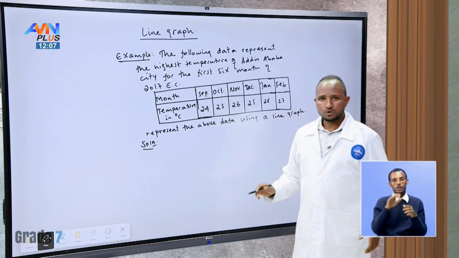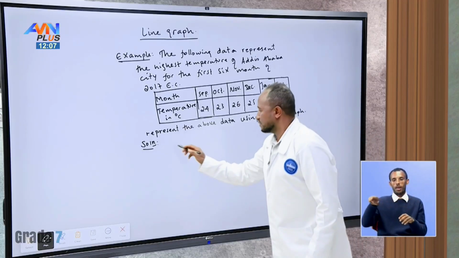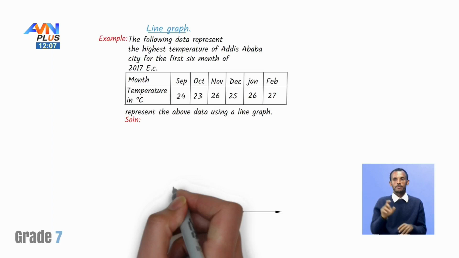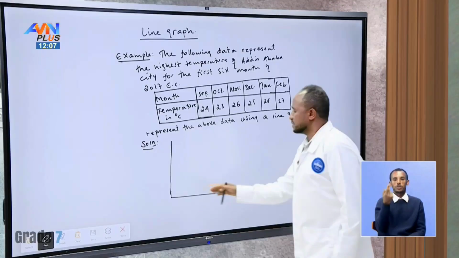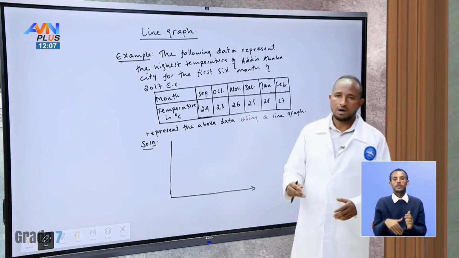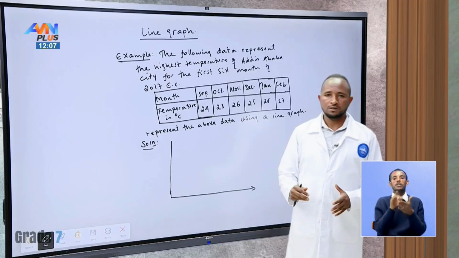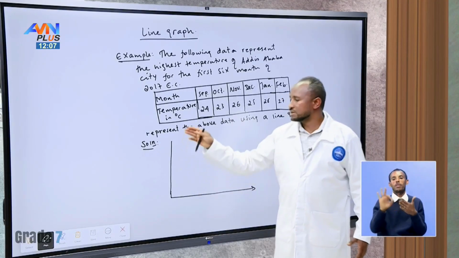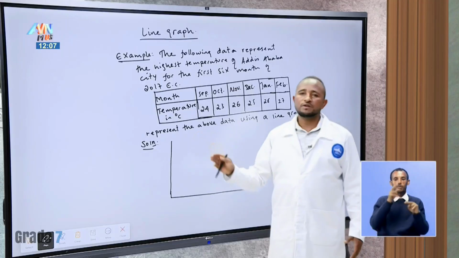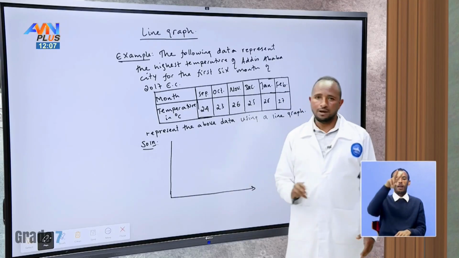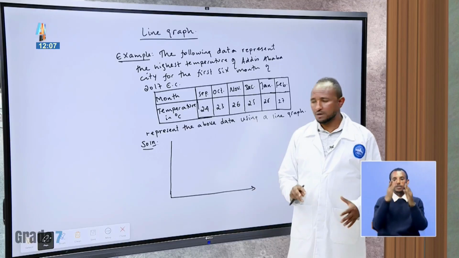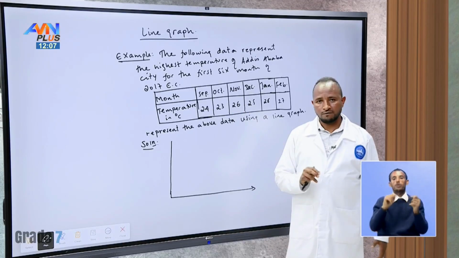The horizontal axis is used to represent the data, and the measured quantity will be placed on the vertical axis using a scale. Therefore, here let's put the scale and try to draw the graph.